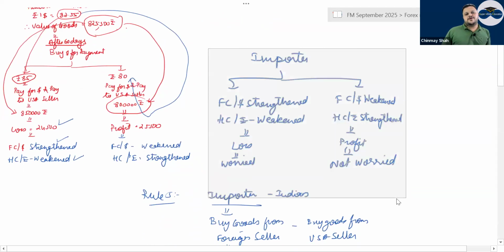Importer is worried about what? The foreign currency strengthening or the home currency weakening, right? Because he will face losses. If the foreign currency weakens, he will be very happy. If the home currency strengthens, he will be very happy. Correct or not?